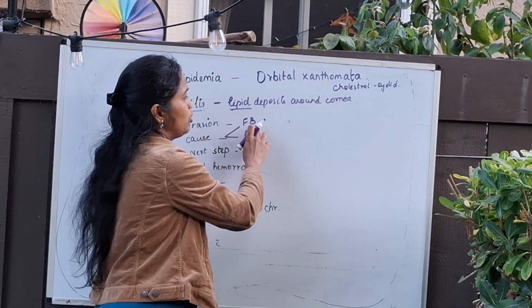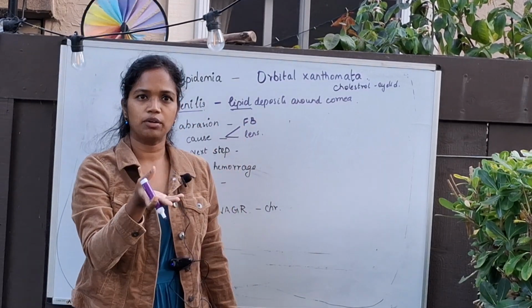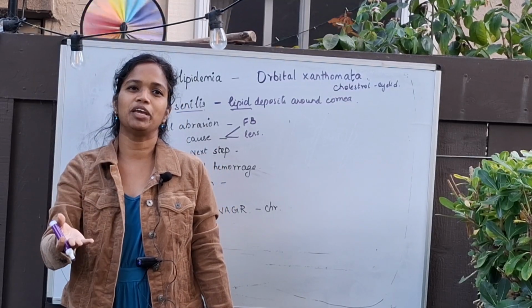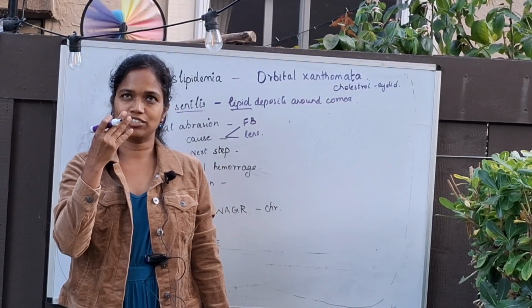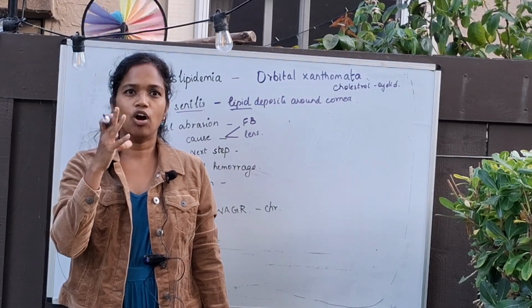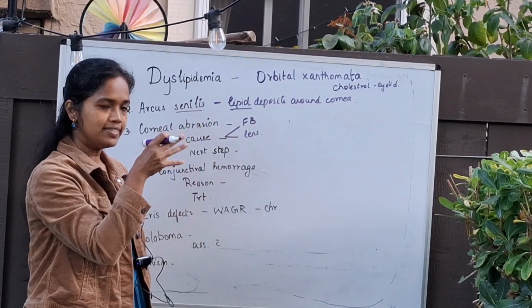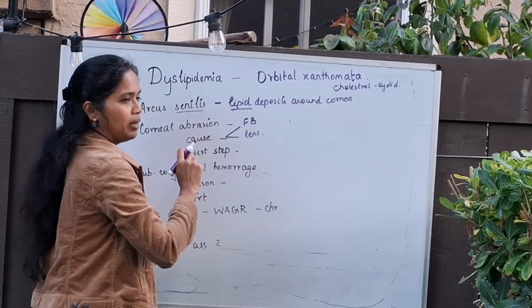Or I can tell you the child has been playing near a sandbox, and then had grittiness, photosensitivity and redness. All those symptoms can be given. With all the hints, it means that they are talking about corneal abrasion.